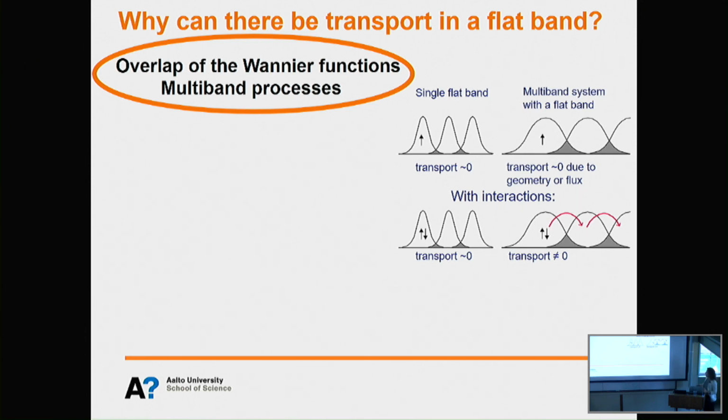Now when you add interactions, if you had this kind of trivial flat band, like a very deep optical lattice, you still don't see any transport. But now in the multiband system, because you have large overlap of the Wannier functions, you get some kind of pair hopping induced by interactions.